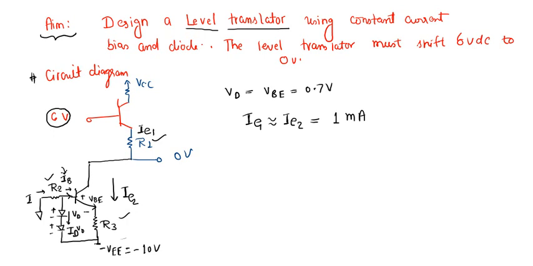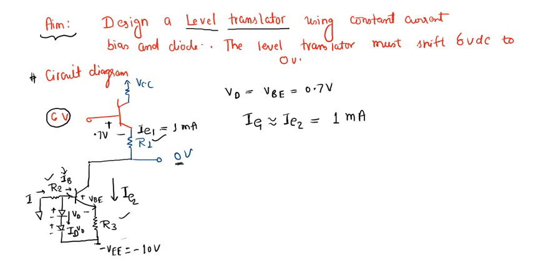If we can design this constant current bias circuit to provide IE2 of 1 milliampere, we will see that in order to get 0 volt here, we should assume that this is also 0.7. All are silicon based transistors and diodes, so we can assume that it is 0.7 volts. So what should be the value of R1 so that we get 0 volt here?